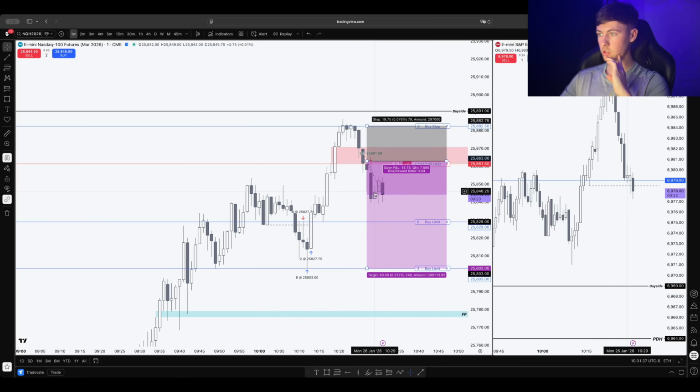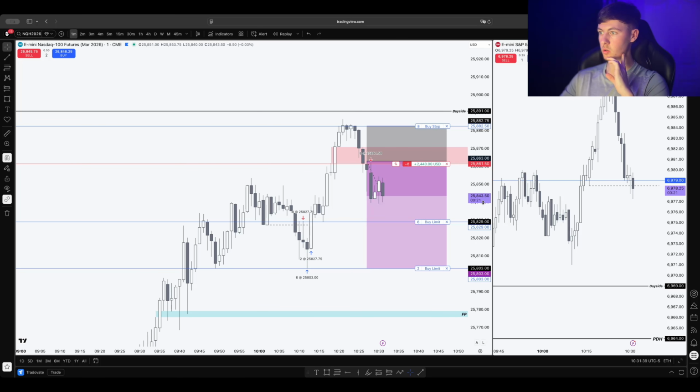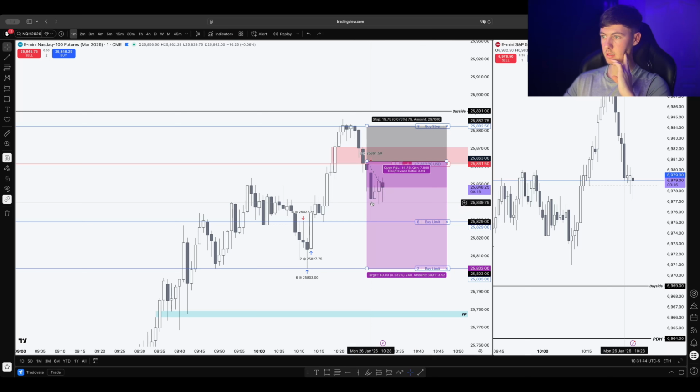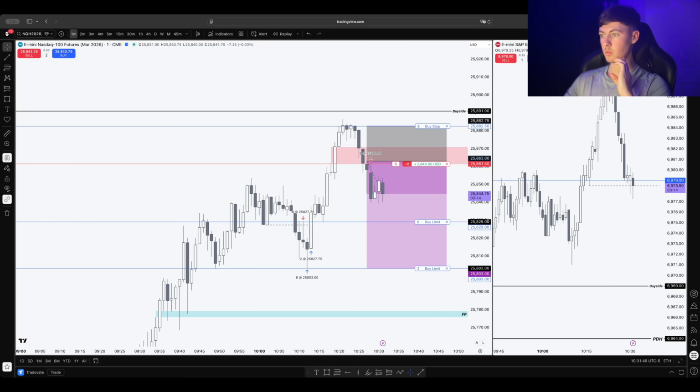If we get a strong close below these 2 up close candles, I will go break even on the trade. I want to see a nice strong close though below these 2 up close candles, because I want to treat them as a bearish order block.